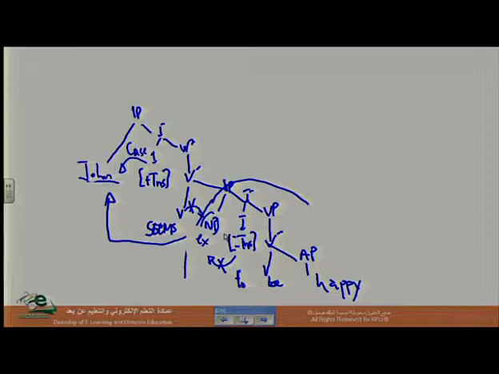Now, as you can see, here is the boundary of IP, and this time NP movement seems to have taken the subject of the embedded clause and moved it to the subject of the higher clause. In earlier days of generative grammar, it used to be called subject to subject raising.